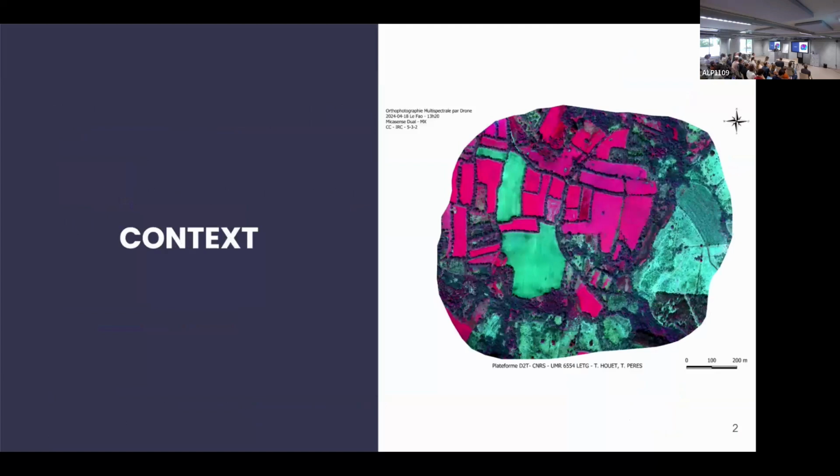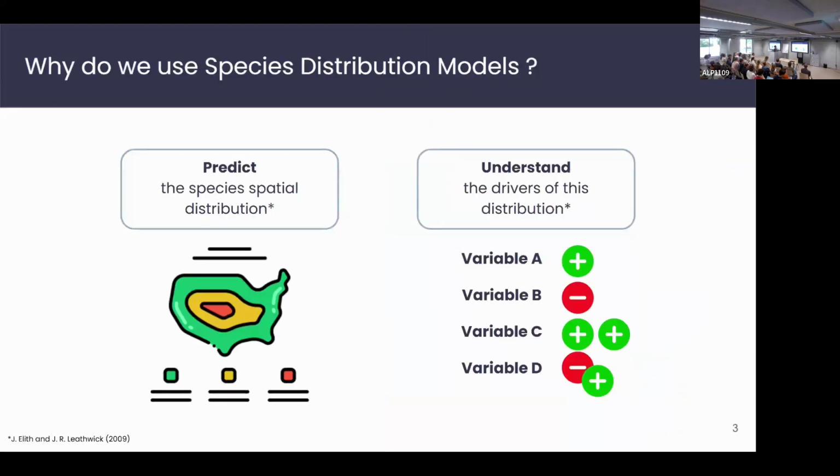First, a little bit of context, with a question: why do we use species distribution models in general? Here we're all convinced that we want to predict the species' spatial distribution, but there is also a second aspect that we tend to forget, which is to understand the drivers of this distribution.